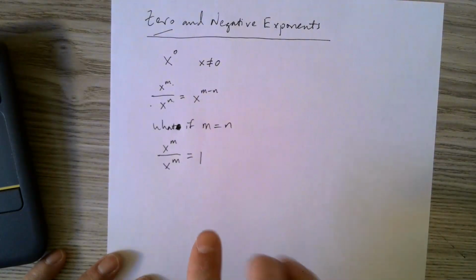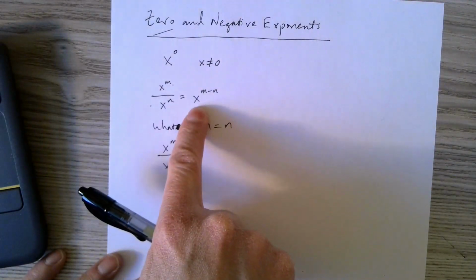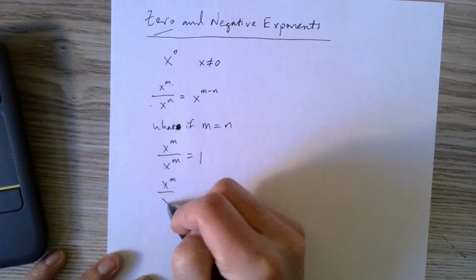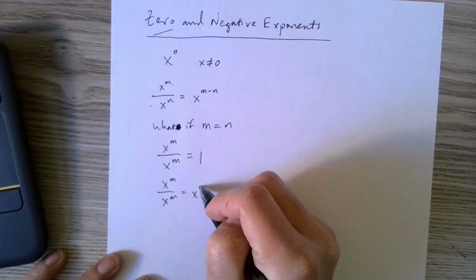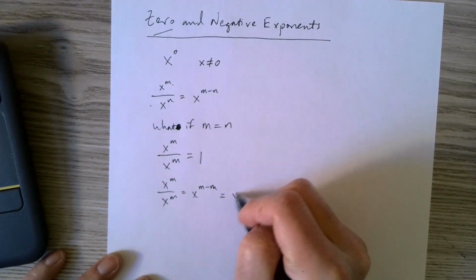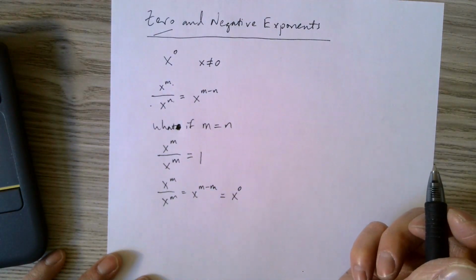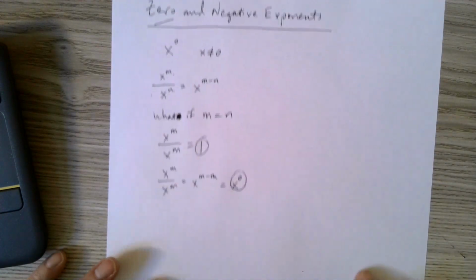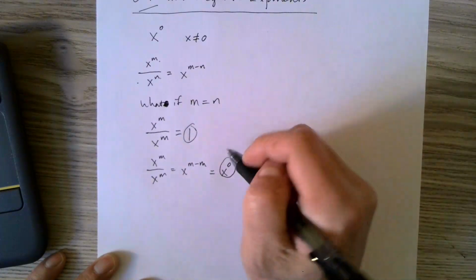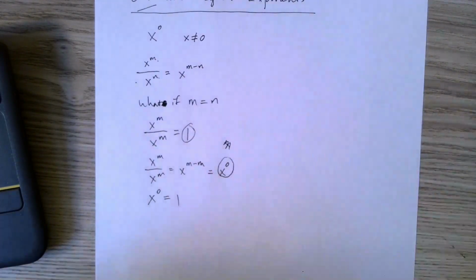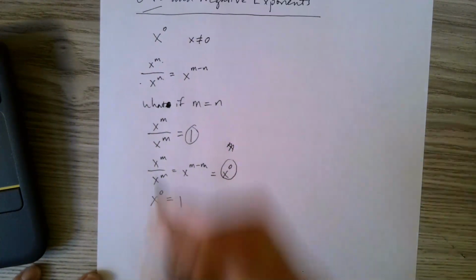But we also know that because of the division rule of exponents, x to the m over x to the m is x to the m minus m, or x to 0. Therefore, by transitive property, I'll do it here, x to the 0 equals 1. No matter what x is, as long as x is not 0.